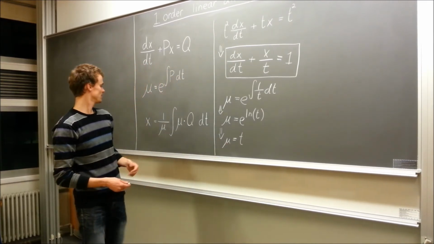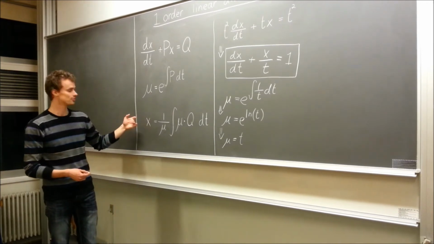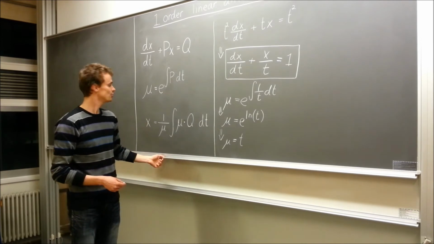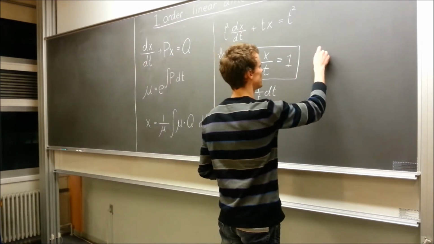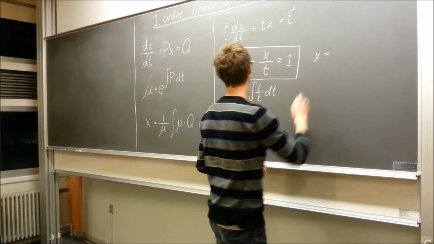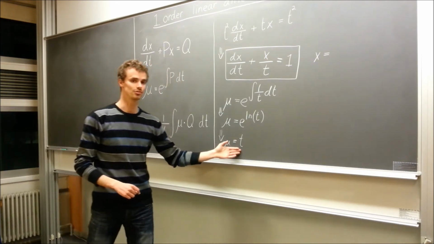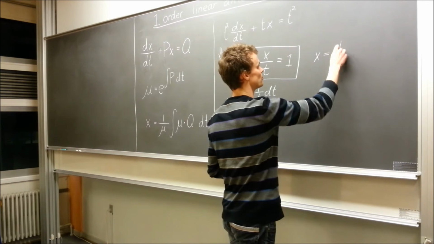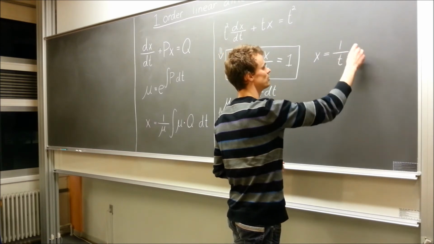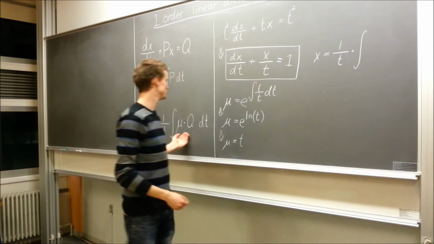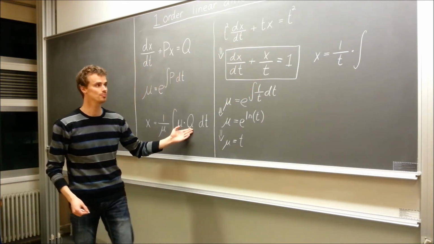When we know this, we can use this equation to find the final answer. So we write x equals 1 over mu. Mu is t, so 1 divided by t times the integral of mu times q.